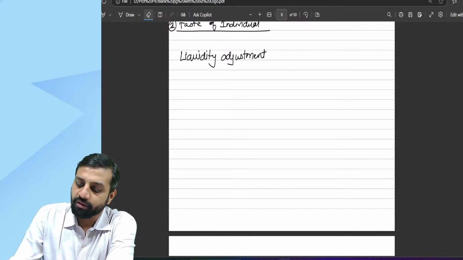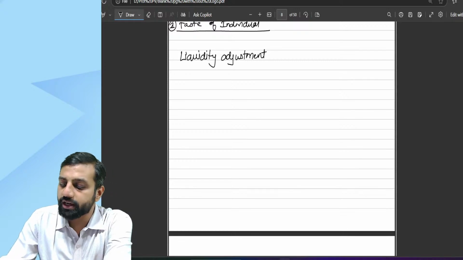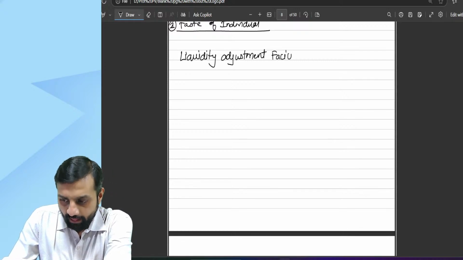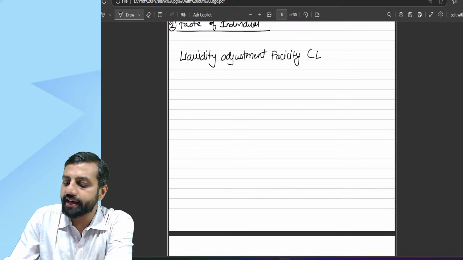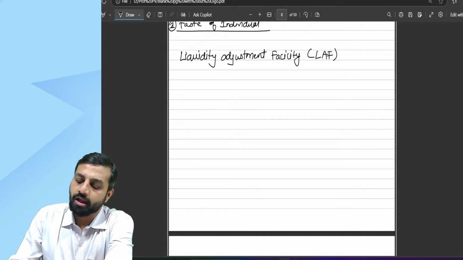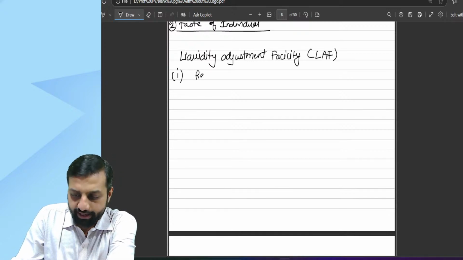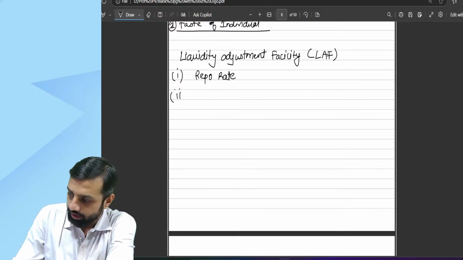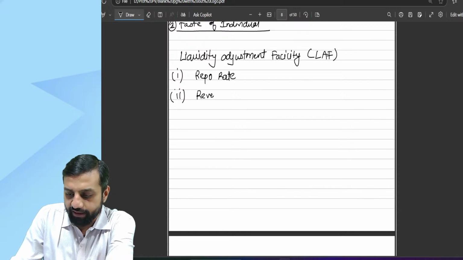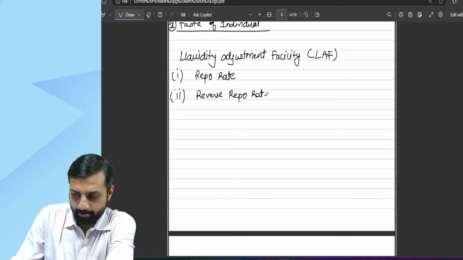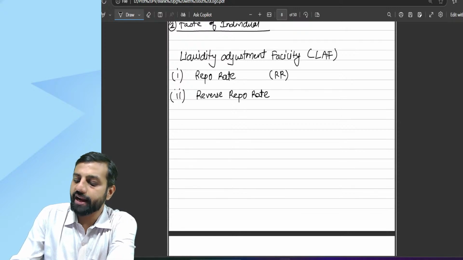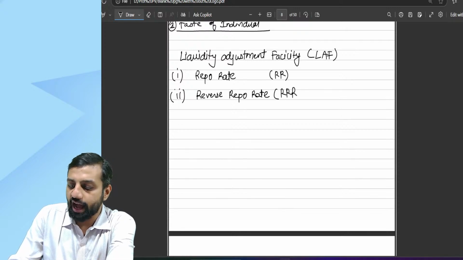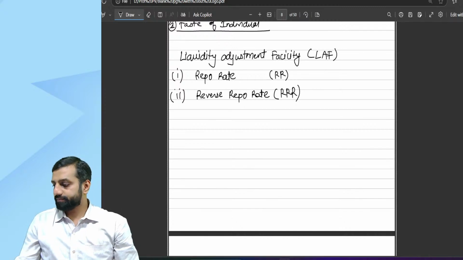I repeat, it is a part of liquidity adjustment facility, which is called LAF, under which the first part is repo rate and the second part is reverse repo rate. One is RR, one is RRR.